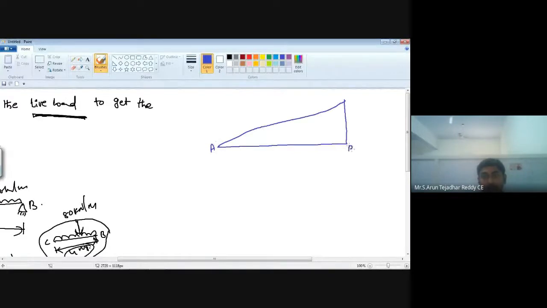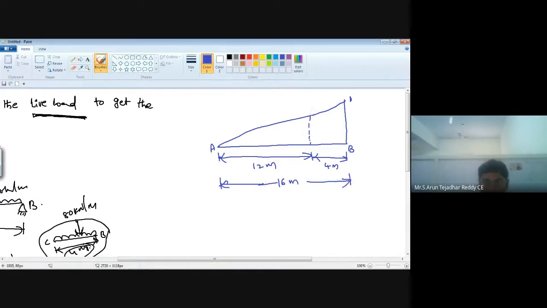A, B. It is 1. And up to here, it is the 4 meter. And it is 12 meter. But if you consider A to B, it is 16 meter.